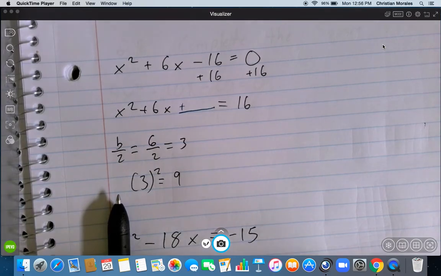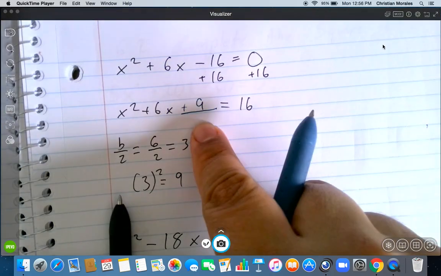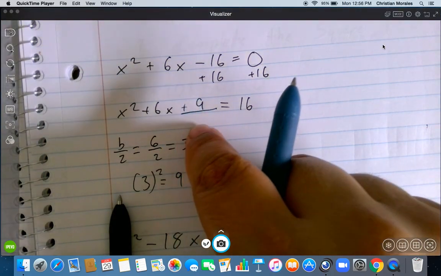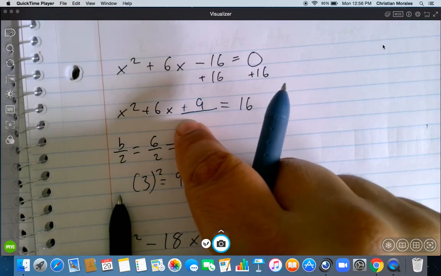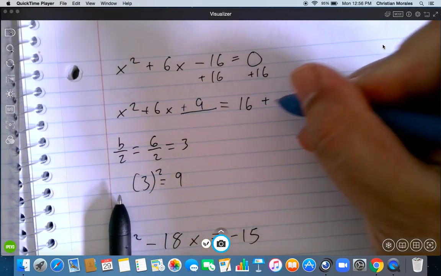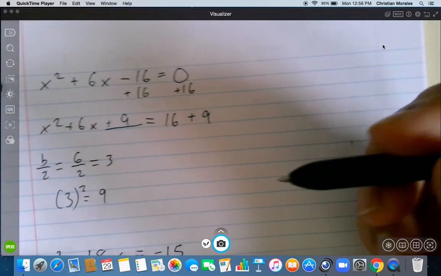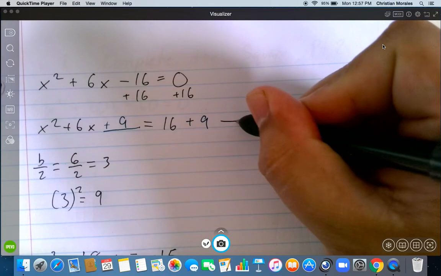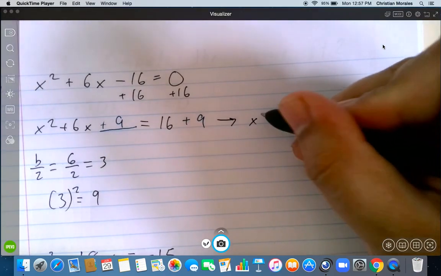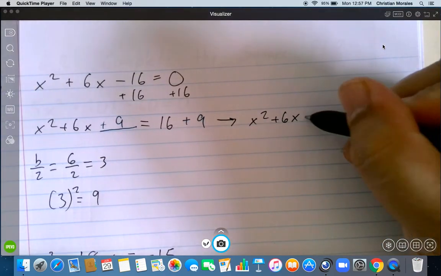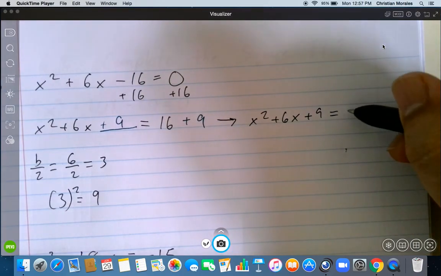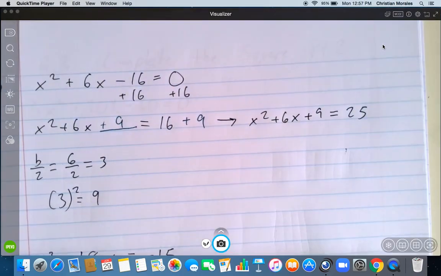So you are adding 9 to make this a perfect square. There's a rule though. If you're adding 9 to the left side of the equation, you are also adding 9 to the right side of the equation. So now this problem, x squared plus 6x plus 9 equals 25. That's your new problem.